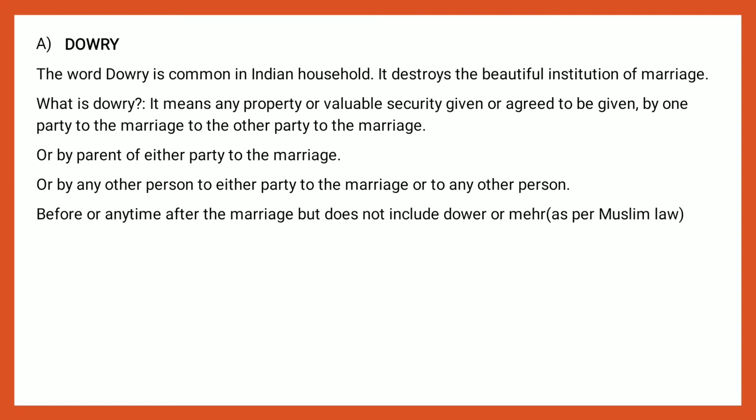According to the Dowry Prohibition Act 1961, the term dowry means any property or valuable security given or agreed to be given, by one party to a marriage to the other party to the marriage, or by the parent of either party to the marriage, or by any other person to either party to the marriage or any other person, before or any time after the marriage, but it doesn't include dower or mahr in the case of Muslim personal law.